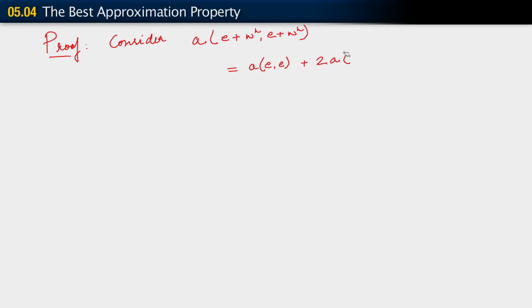This is a subsequent step: plus A of E comma WH plus A of WH comma E plus A of WH comma WH.